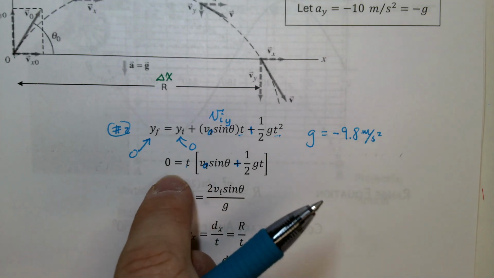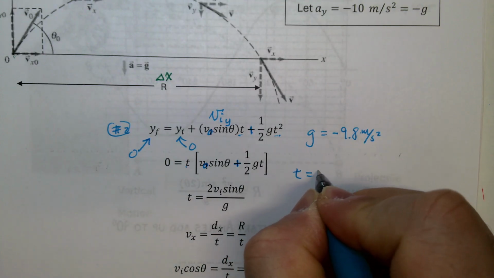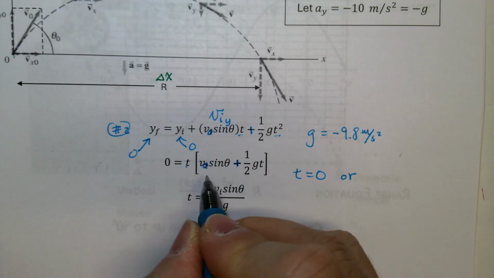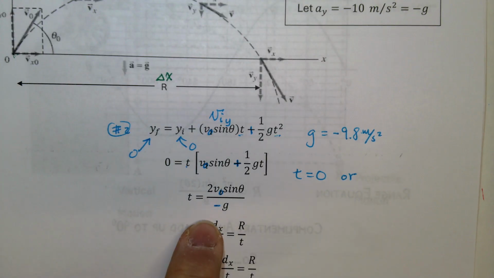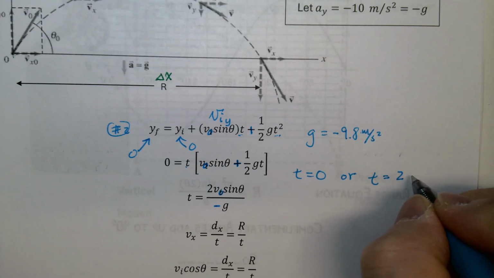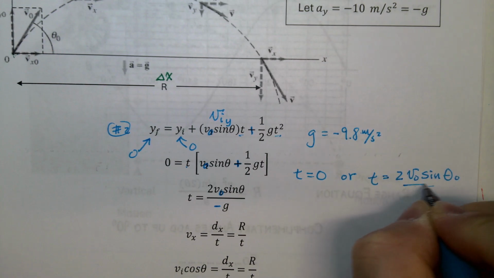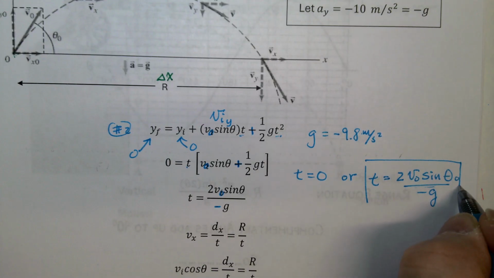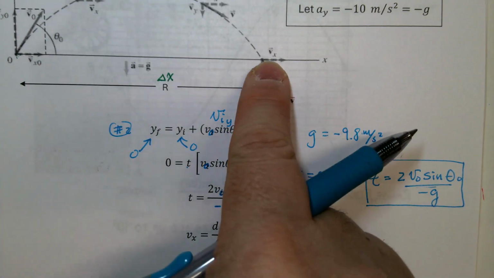So if I solve for time to make this equation true, t can either equal 0, or this whole thing set equal to 0, and you'll get that. Right? Or t is equal to 2 times v naught sine theta naught over negative g. So this is the time it's going to take to travel from here to here.